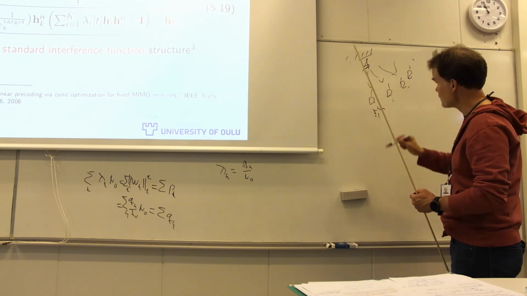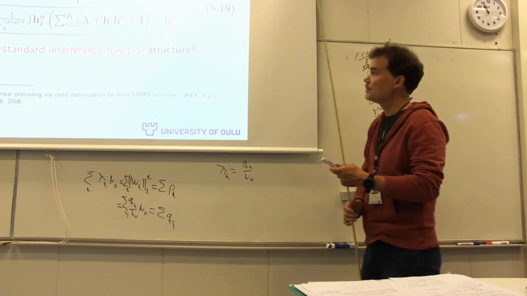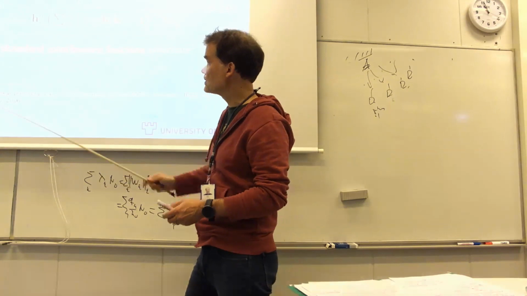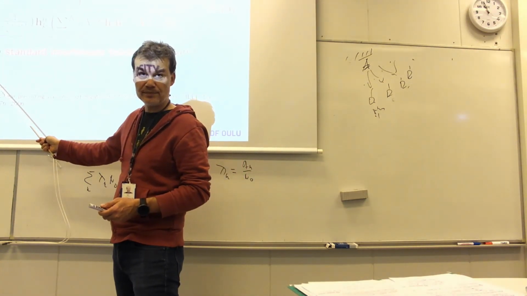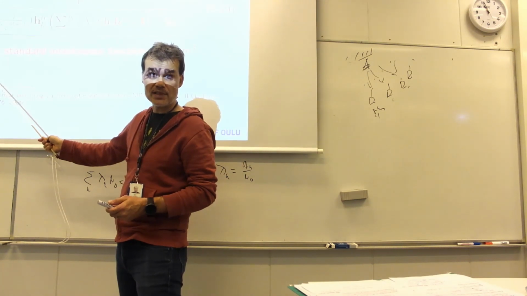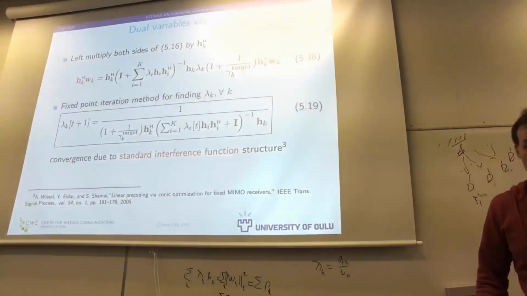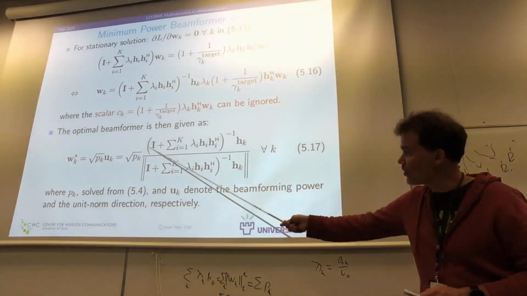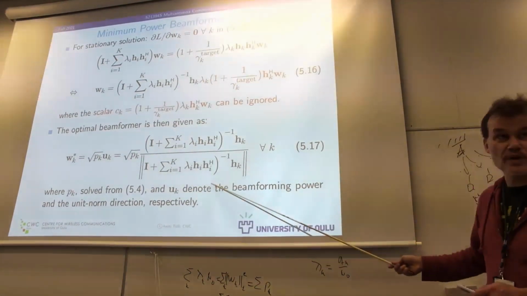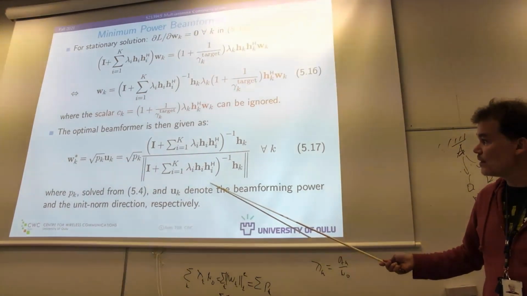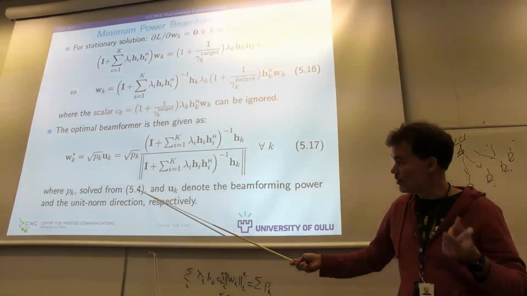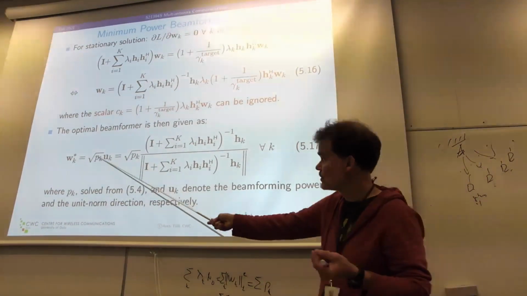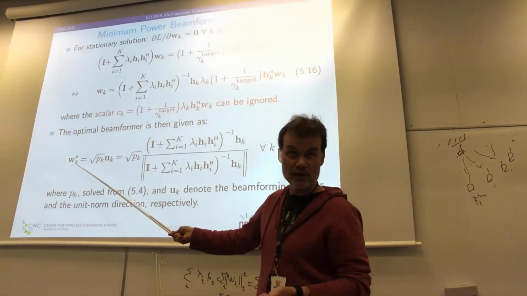You get these SINR constraints, you get the channels, right? Plug them in here and iterate, get these Lagrange multipliers lambda k. These are the optimal dual variables. Then you plug them in here. You get the normalized beamformer uk for each user. Then you go to 5.4, solve the optimal pk. Square root of pk times uk is your optimum downlink beamformer.